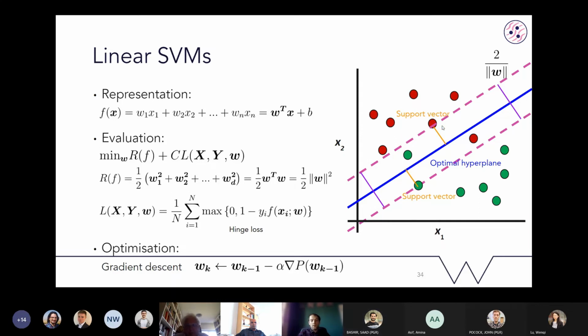So there's no contribution from this point or any of these points to the loss function. However, for the subjects that violate this constraint, such as this participant over here, f of x is going to be less than 0, and we know that y is equal to 1. So y times f of x gives you a negative number, which results in a positive contribution, and therefore we contribute to the loss function.